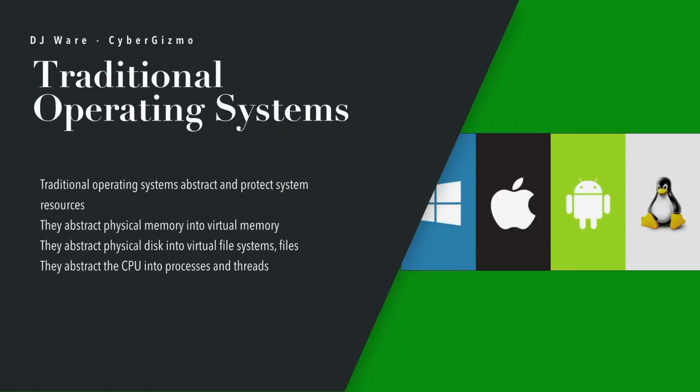So let's look at it from the standpoint of a traditional operating system like Linux. You can also pick on macOS or Android or even Windows, but traditional operating systems always abstract and protect system resources.